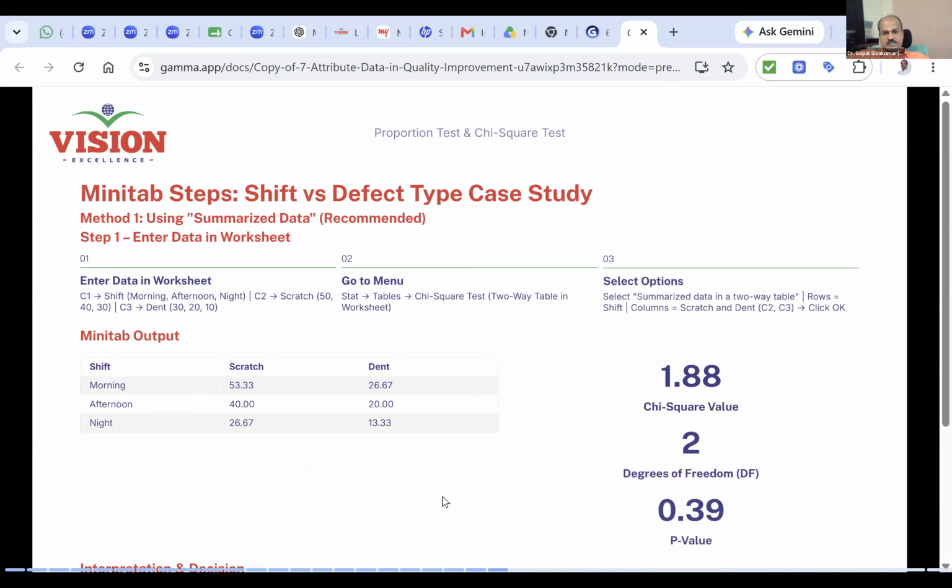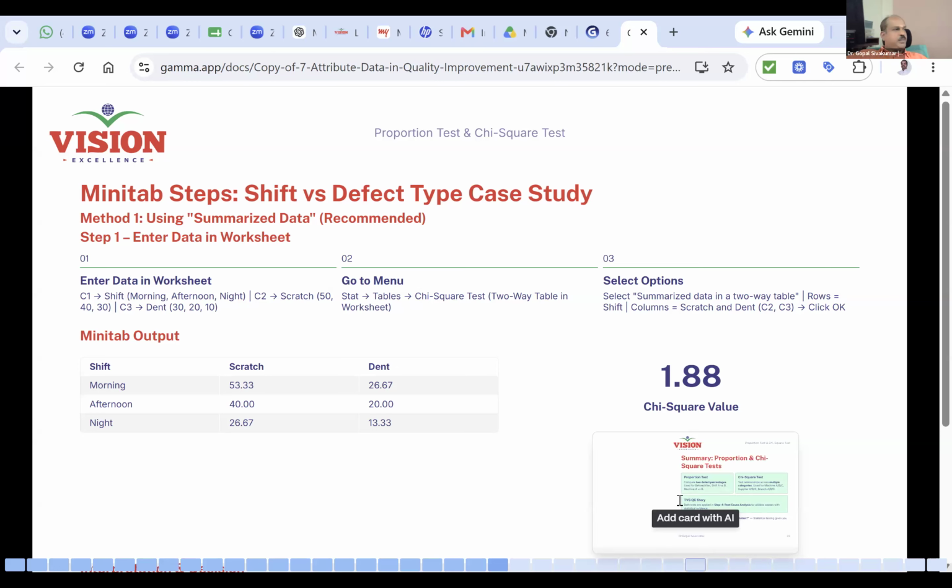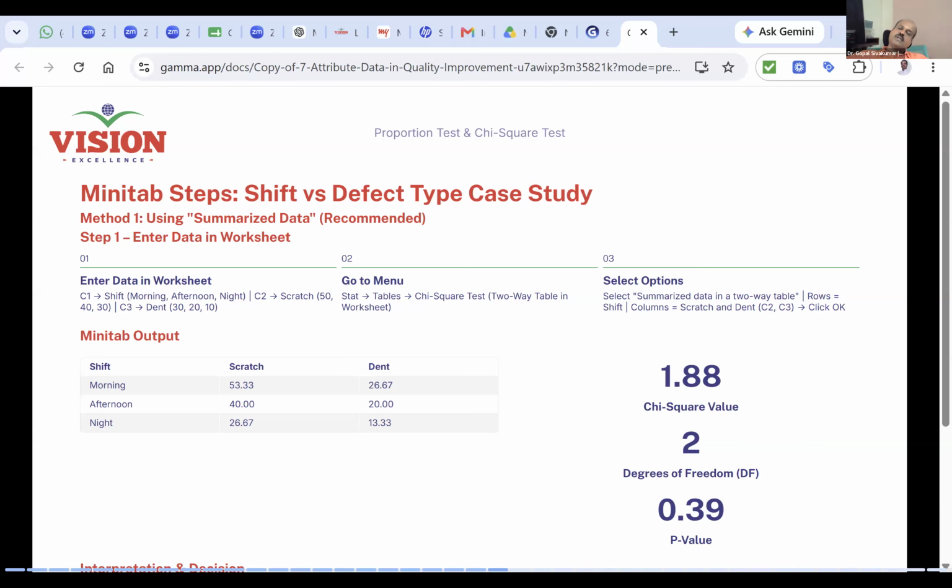So you get 1.88 and 2, and this is converted into a P value, which is 0.39. Now tell me, P value 0.39, is it more than 0.05 or less than 0.05? It's more than 0.05. So fail to reject null. Fail to reject null means the scratches and the dents are not associated with the shift, as per the data available.